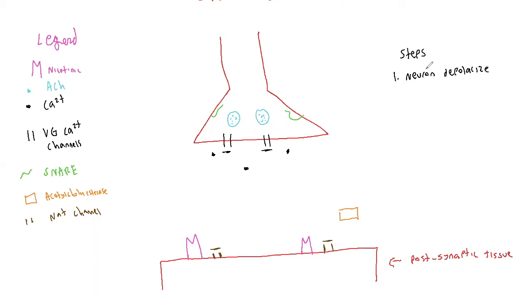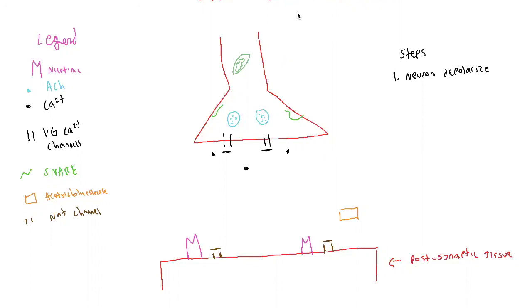So if you recall, an action potential has been generated. Oh, I would be remiss if I did not draw some mitochondria. Sorry, gotta do that. There's mitochondria in the axon terminals, and they provide energy to synthesize neurotransmitters. So we'll do the mitochondria in this nice turquoise. Okay, but anyways, the neuron is going to depolarize.